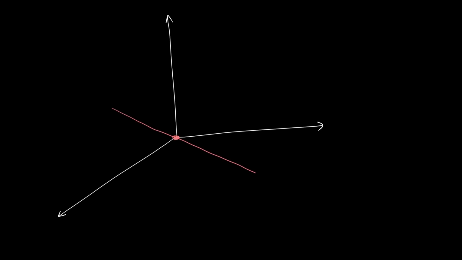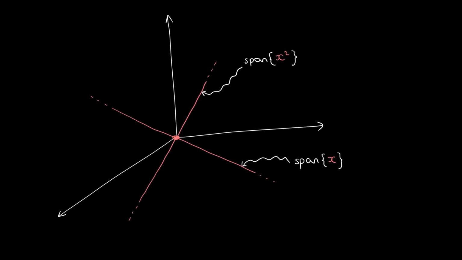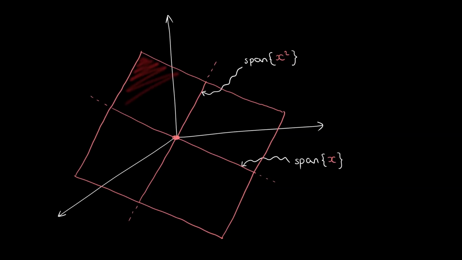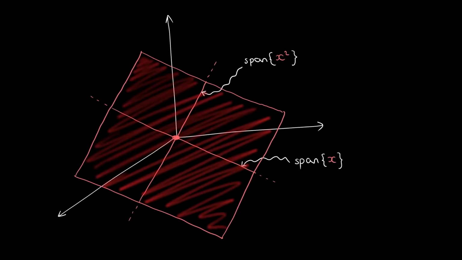We could draw the span of x as this line going through the origin, while the span of x squared would be another such line. The span of the two basis vectors x and x squared would be a plane containing both previous lines. Now we can ask whether certain polynomials fall within or outside this plane.